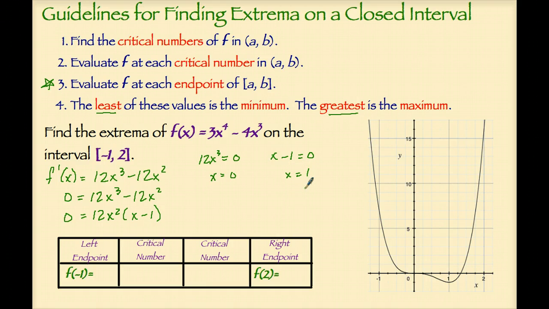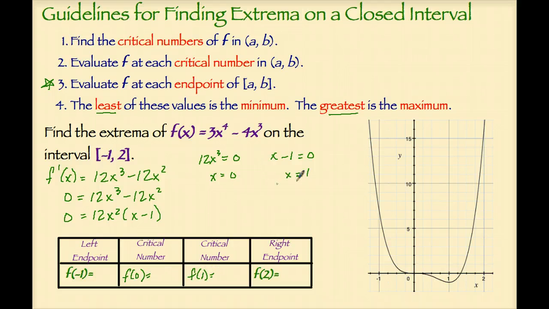So two critical numbers we found by setting the first derivative equal to 0. These two numbers in conjunction with the endpoints gives us the list of values we need to examine to get max and min values on our interval. These are the only places where max or min values might occur. So we're also going to want the function value at 0 and the function value at 1.